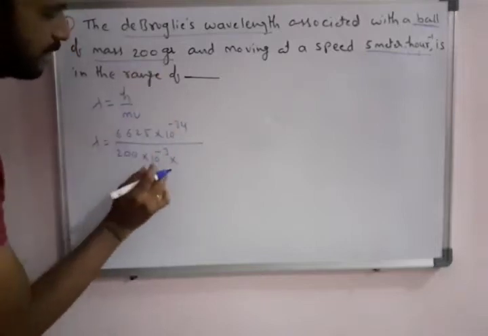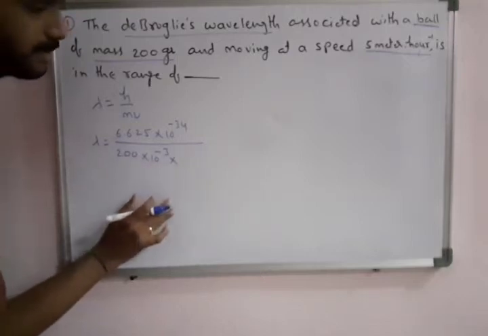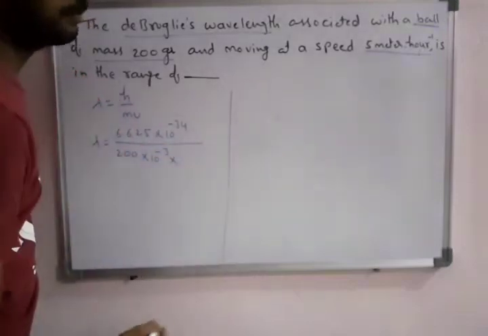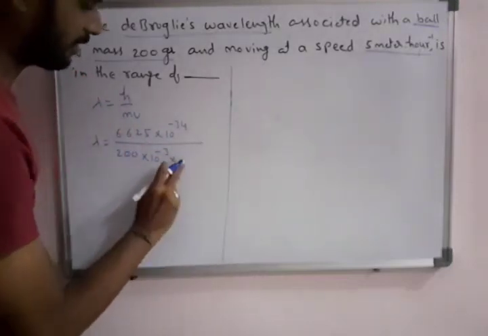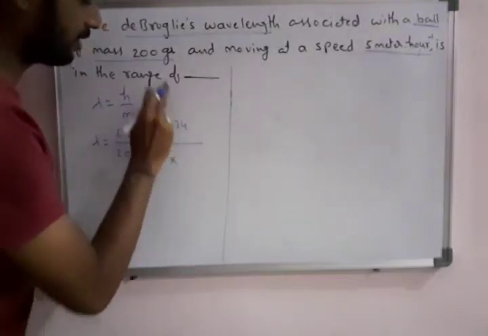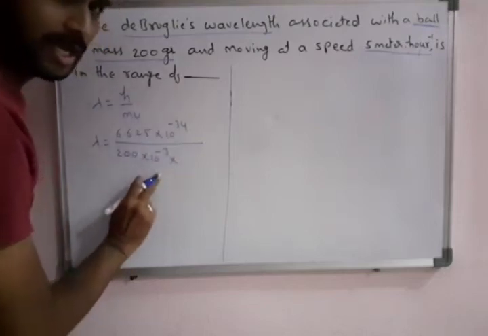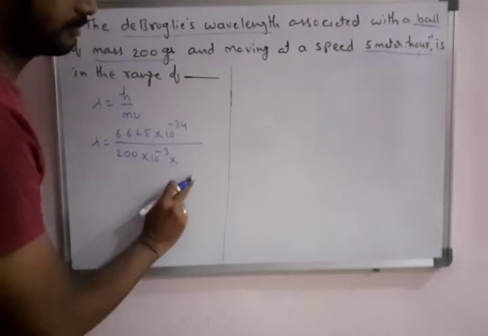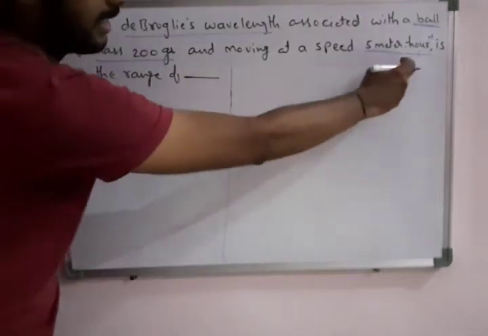Next, velocity. Velocity must be in meters per second, but here it is given as 5 meters per hour. As we are following the SI method, it must be in meters per second, but here it is given in hours.